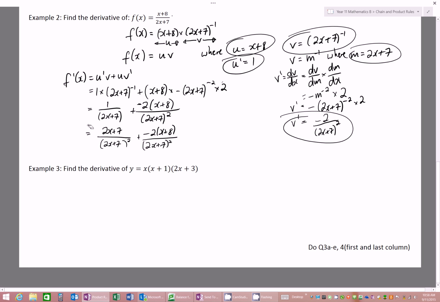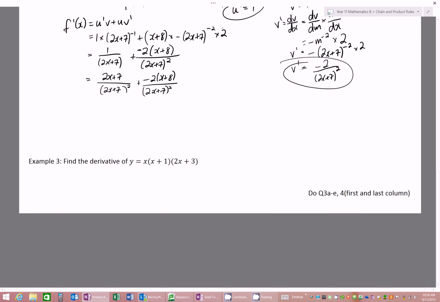Now that I've got a common denominator, I can add the two numerators. A big common denominator of 2x plus 7 squared. On the top, 2x plus 7, and I've got plus minus 2 times x plus 8.